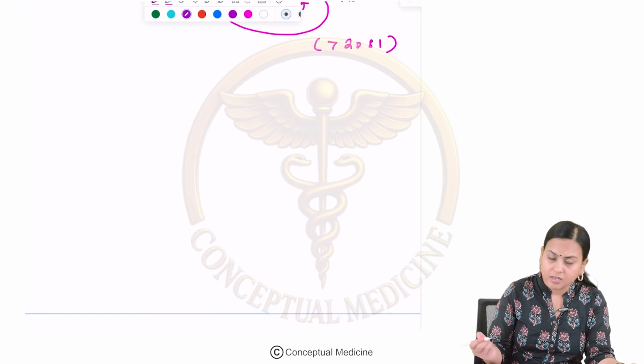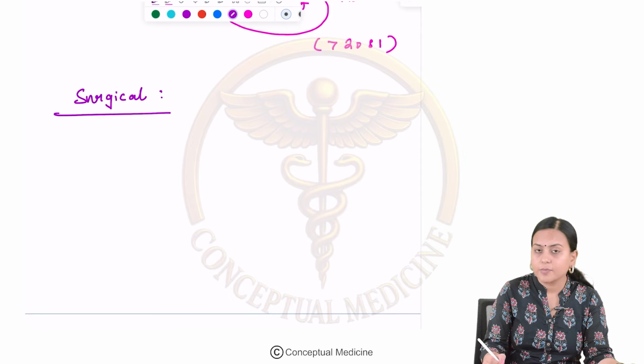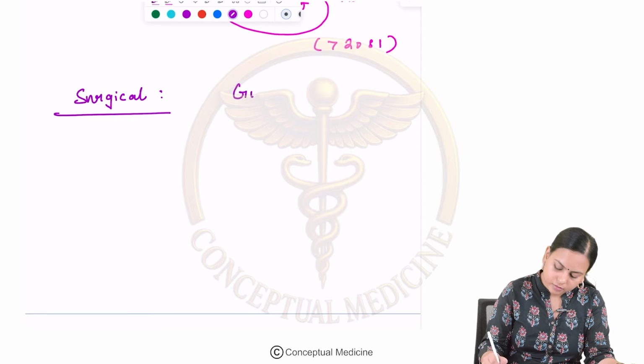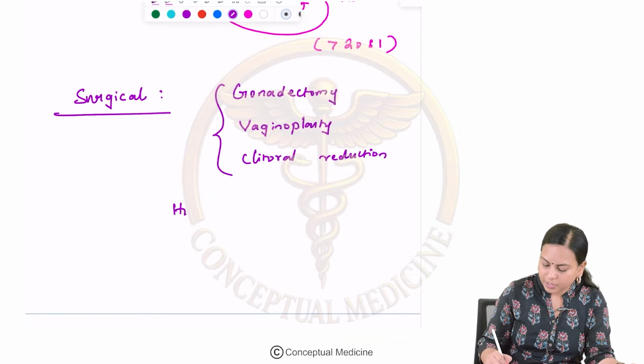Now, let us see the surgical management. So, surgically, these patients can be treated with gonadectomy, vaginoplasty, clitoral reduction, and they can be given hormonal therapy as well.